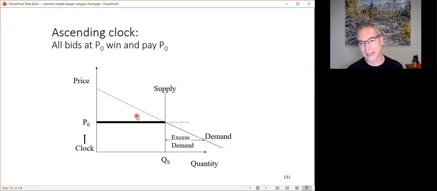That's the way we do it, so that when we get to the end here, we can exactly balance supply and demand at the end. That's the modern implementation of an ascending clock.